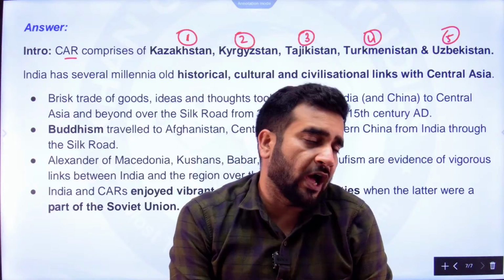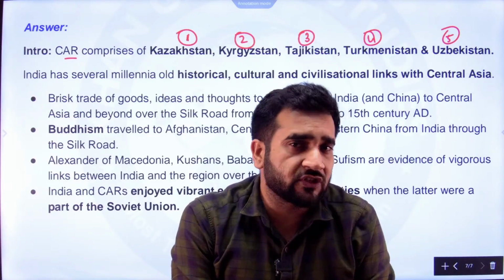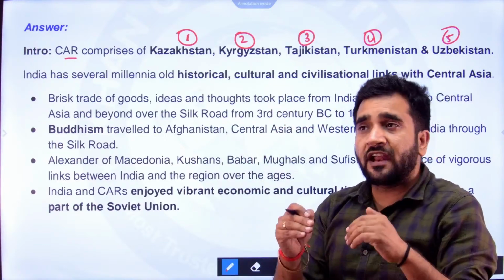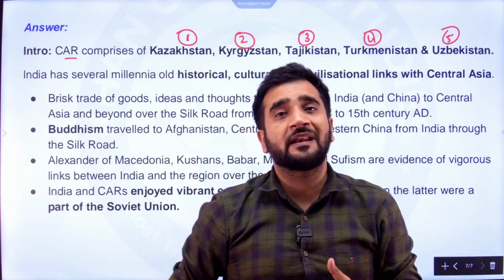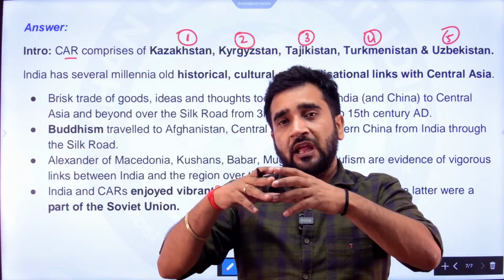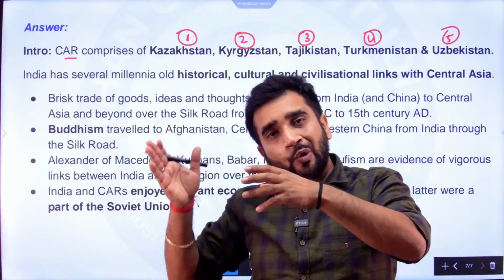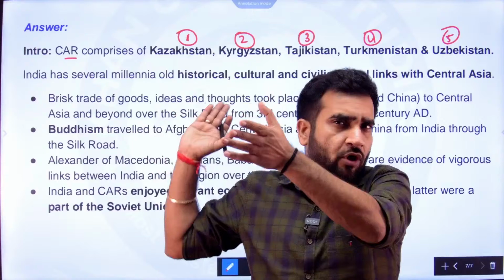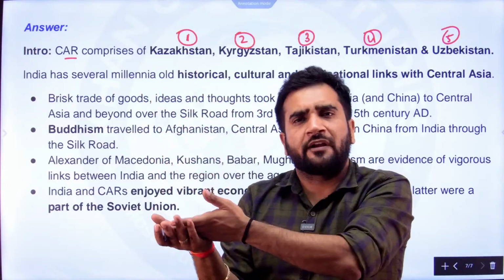Now, we now know that these are mineral rich, energy rich regions, but they are landlocked. Actually, they are double landlocked. Double landlocked means they are landlocked, they are not having access to any shoreline, and their neighboring countries are also landlocked. Like for example, Afghanistan. Afghanistan shares boundary with 3 or 4 of these stans. That is also landlocked.